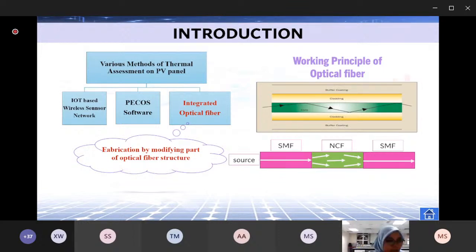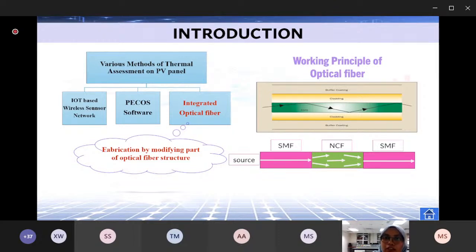The working principle of optical fiber is total internal reflection, where the light travels in the optically dense medium and hits the boundary at a steep angle, larger than the critical angle for the boundary, which then causes total internal reflection.